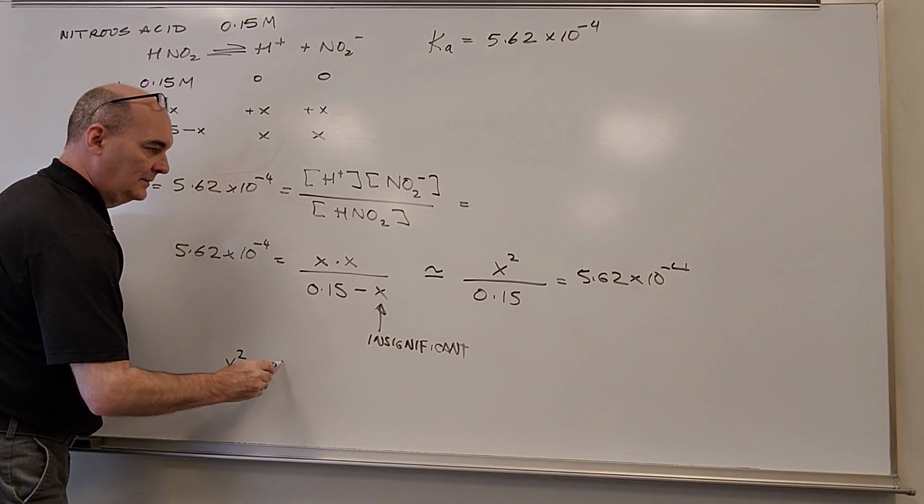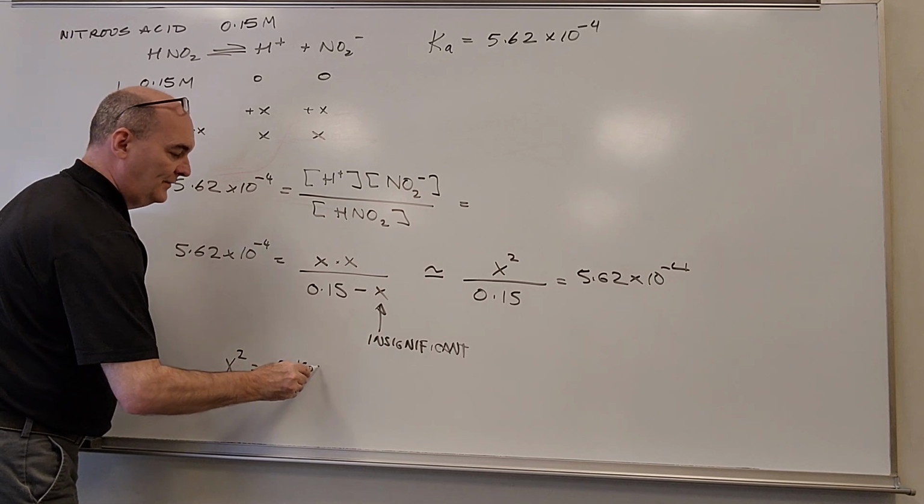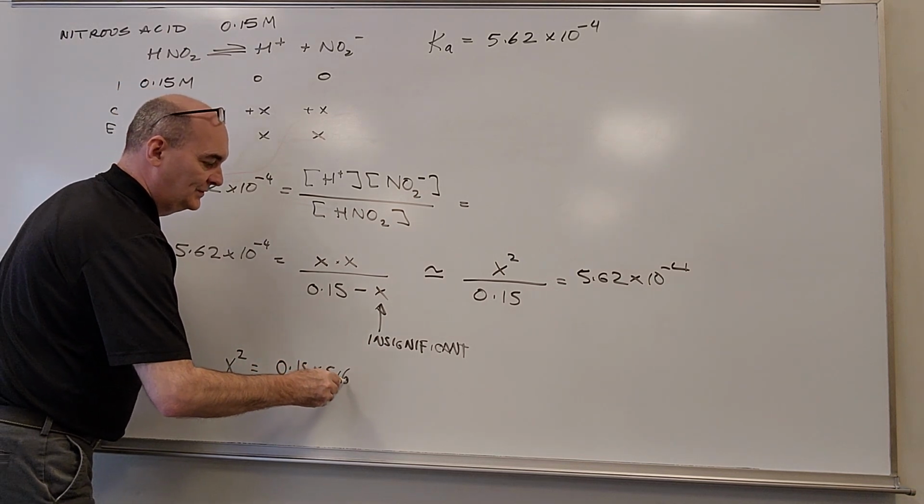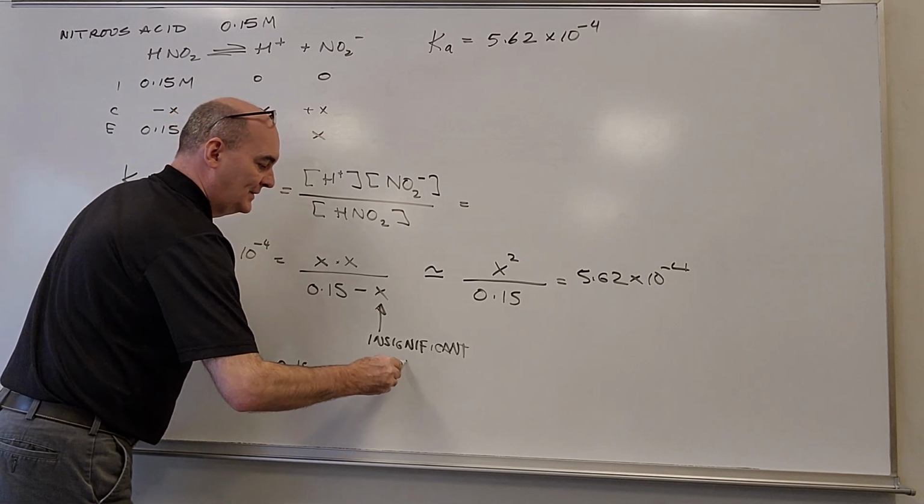X squared is 0.15 times 5.62 times 10 to the negative 4.